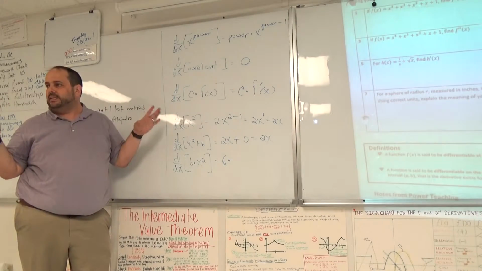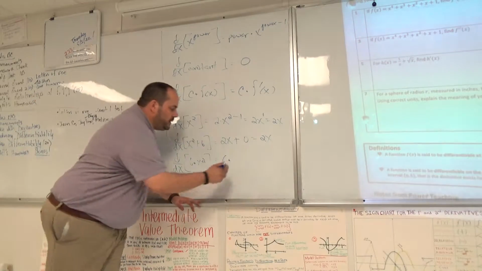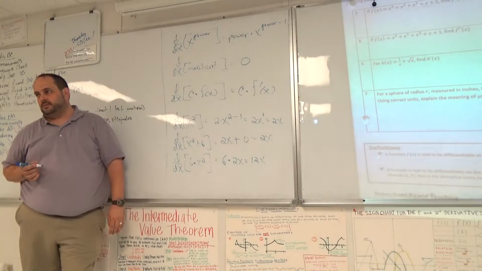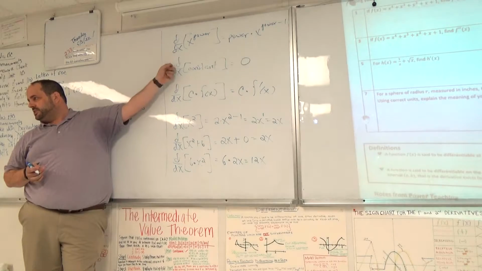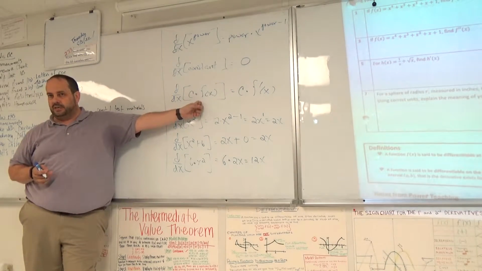You leave the 6 alone. And then you take the derivative of x squared, which is 2x. So your derivative is going to be 12x. Done. So there's the derivative of a constant, which is 0. And the derivative of a constant times a function works a little bit differently.